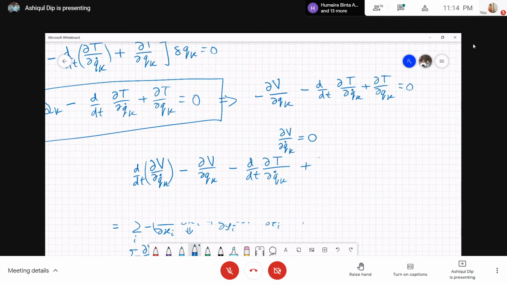Then plus delta T by delta qk. Now potential and kinetic energies are on equal footing, they appear similarly in the equation. So what we can conclude from here is we can take T minus V as a single object, and we call it L, the Lagrangian.